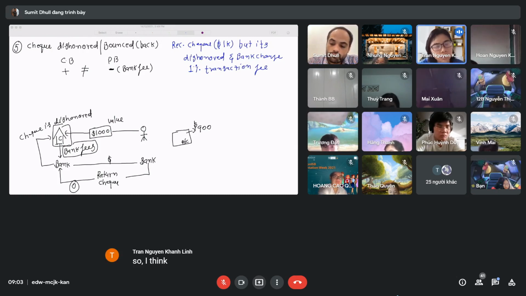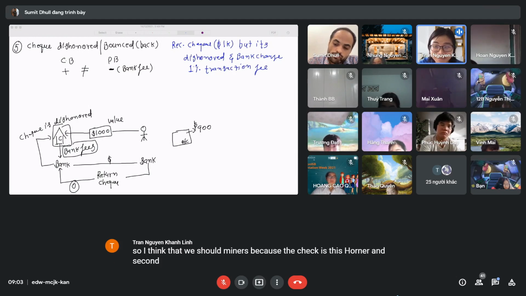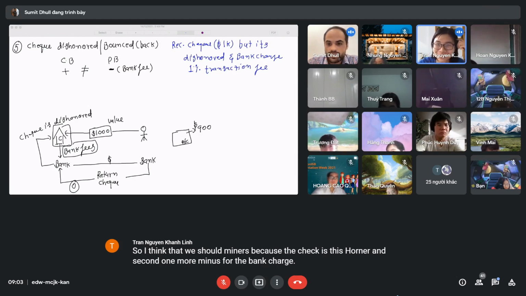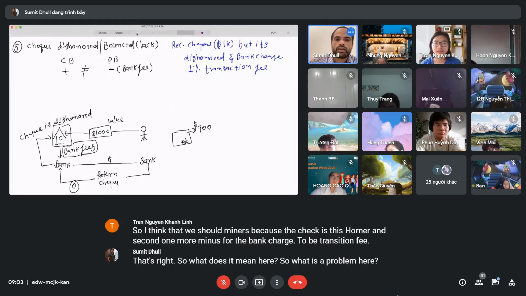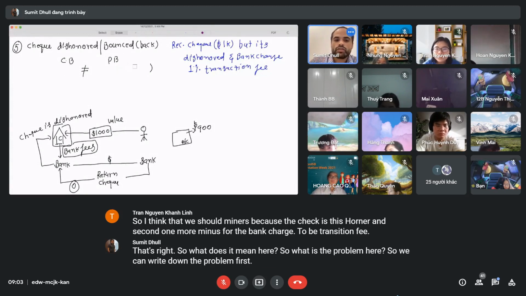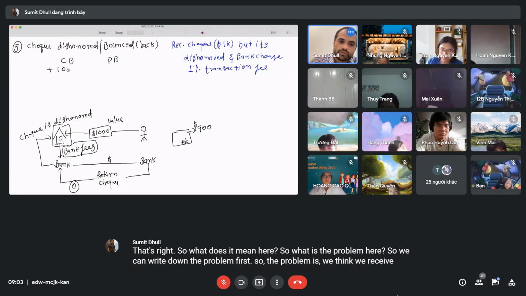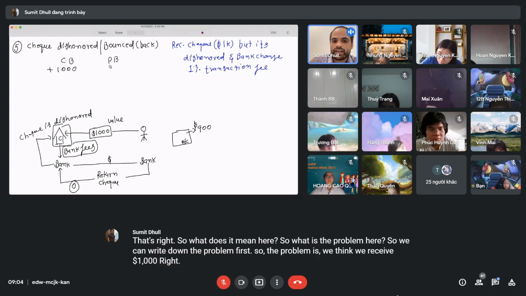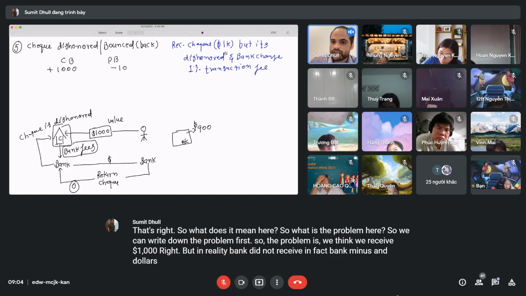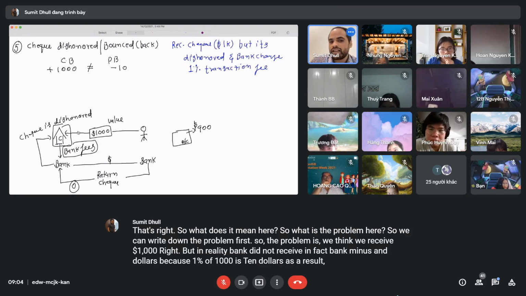I think that we should minus because the check is dishonored, and second, one more minus for the bank charge to pay the transaction fee. That's right. So what is the problem here? The problem is we think we received $1,000, right? But in reality, the bank did not receive. In fact, the bank minus $10 because 1% of 1,000 is $10. As a result, the balance is unequal.